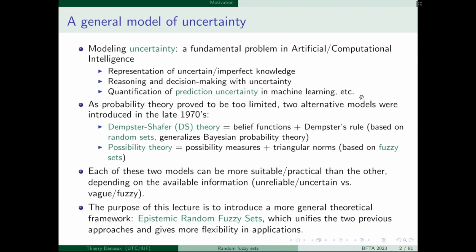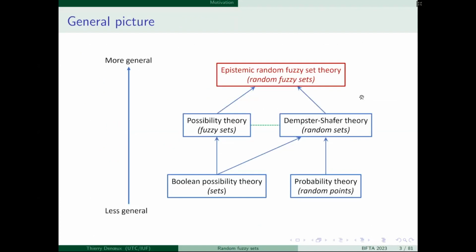So in this lecture, I will introduce a more general model, which is based on epistemic random fuzzy sets. As we will see, this new framework unifies the two previous approaches and therefore gives more flexibility in applications.